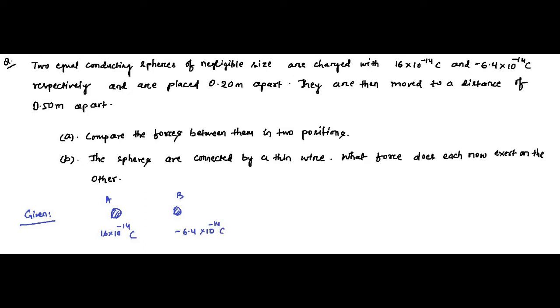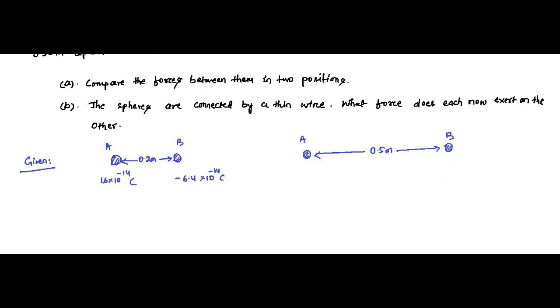The separation distance initially is 0.2 meter. Then the separation distance is increased to 0.5 meter. We have to compare the force between these two charges in these two positions.